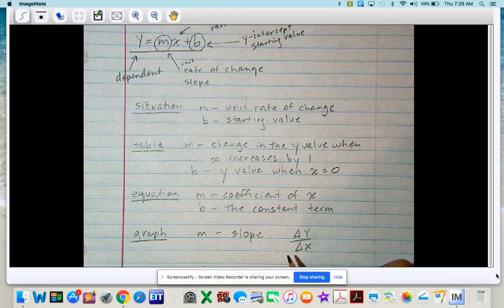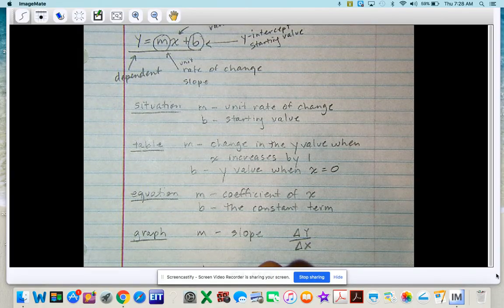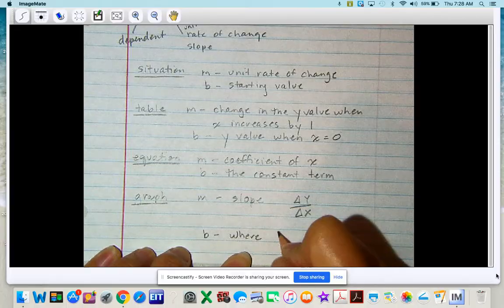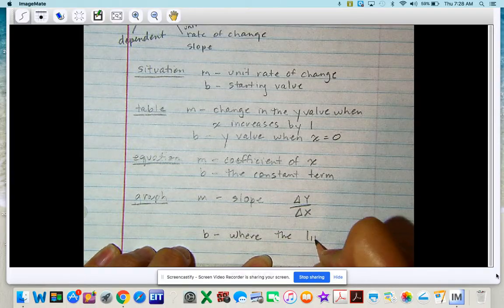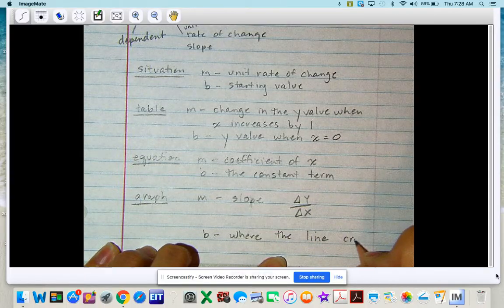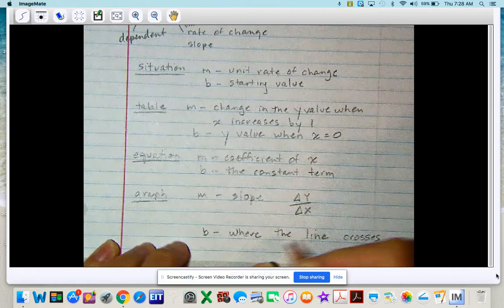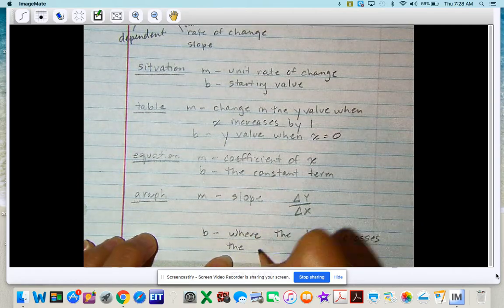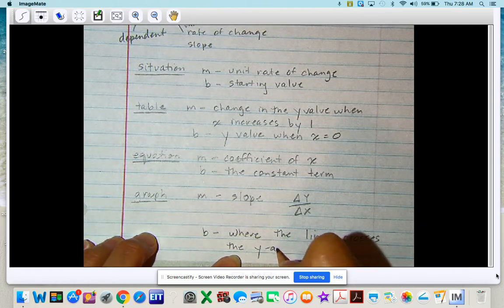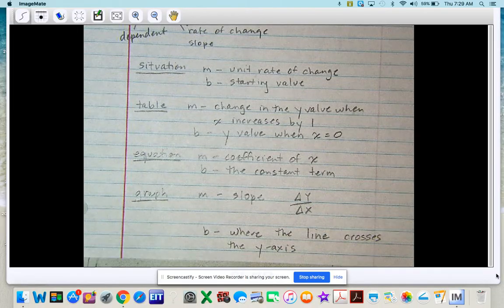All right, so that's the y-intercept, so that's just where the line crosses the y-axis. Okay, that will be our y-intercept.